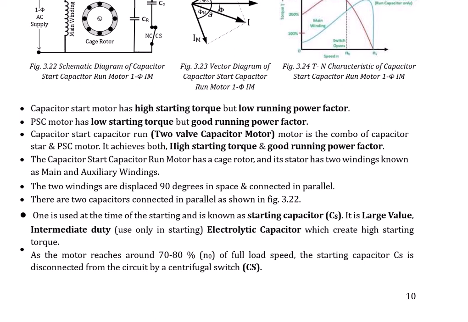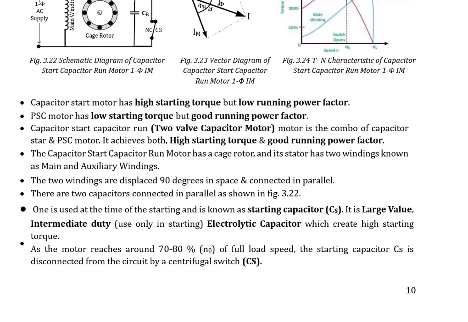One is used at the time of starting, known as the starting capacitor, which is an electrolytic capacitor with intermittent duty, and its value is high. So it creates the high starting torque. As the motor reaches 70 to 80 percent of full speed, this starting capacitor is disconnected from the circuit by the centrifugal switch.